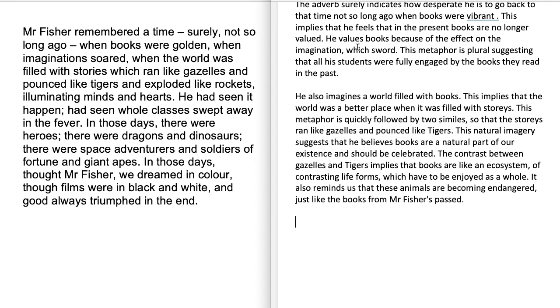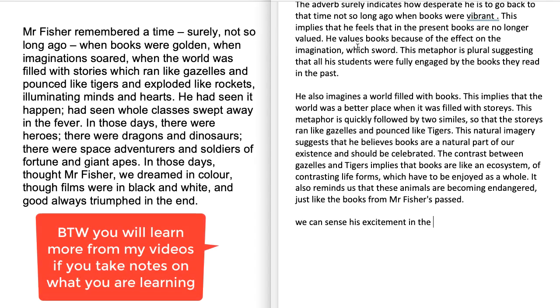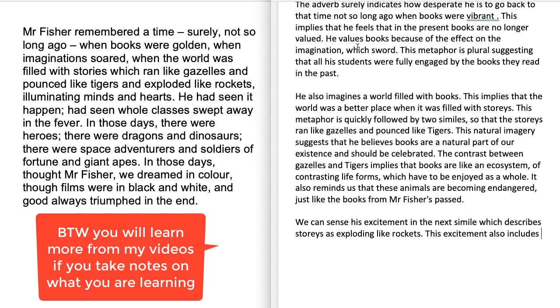We can sense his excitement in the next simile, which describes stories as exploding like rockets. Full stop. This excitement also includes the sense of a future being created, comma, a better future, just as it was for mankind in the exploration of space. Full stop.